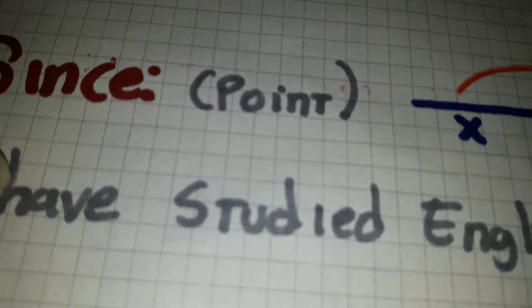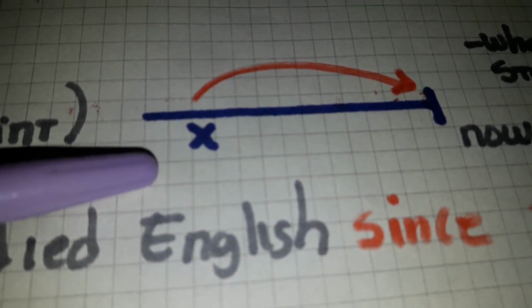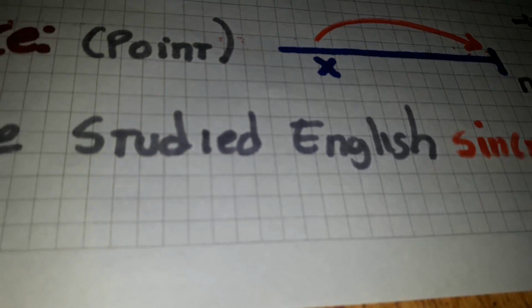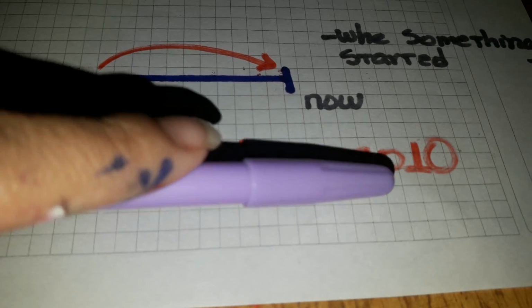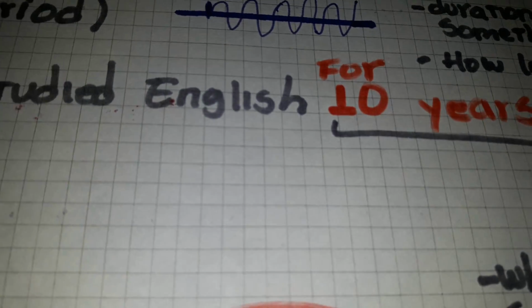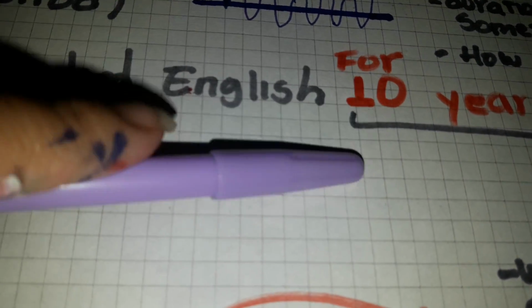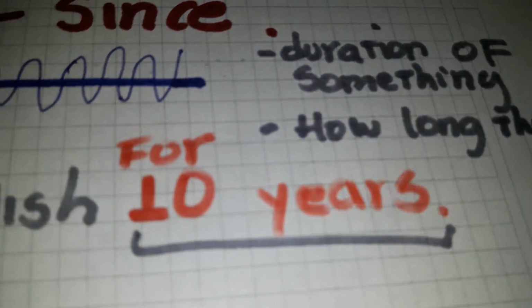And now I'm going to explain since. This is a point where the action starts. Pay attention, where the action starts. When something started, okay? I have studied English since 2010. Pay attention to the difference. It's the same time, but in this case we focus on the duration of something, on the period.